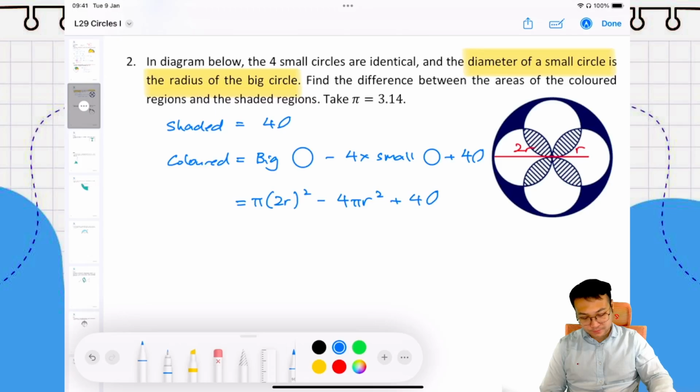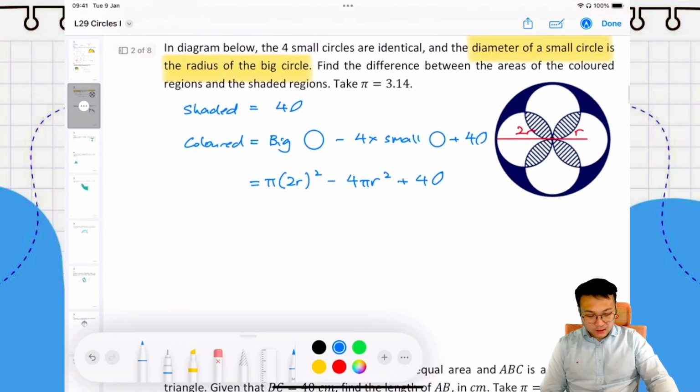Okay, so let's work it out. 2 to the power of 2 is 4. r to the power of 2, that means r squared, right? So you get 4 pi r squared over here. Then you have minus 4 pi r squared.